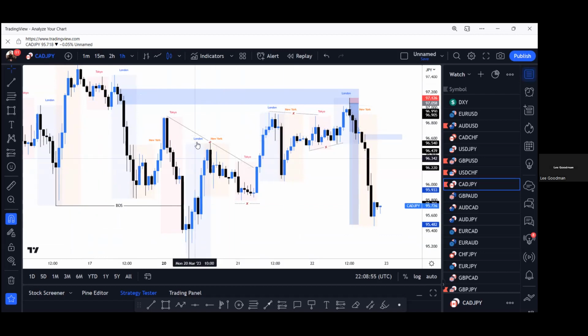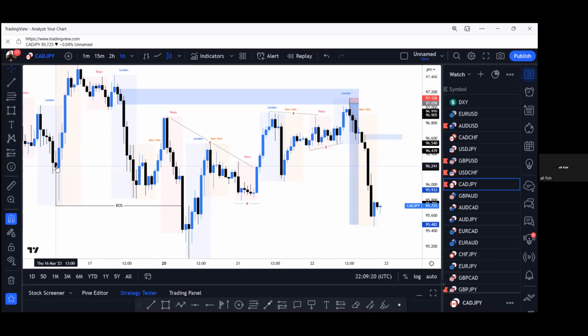Personally, I would class that as a break of structure because of the bodies. To the left you've got the body close, and the rest is wick, but on the right-hand side the body closes are lower.